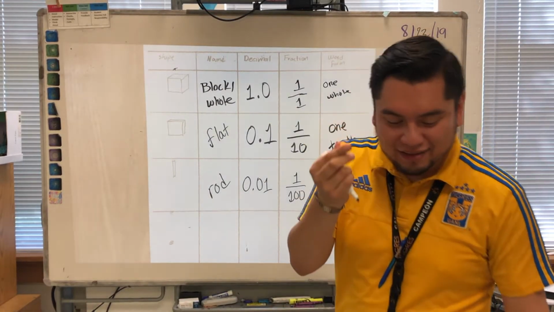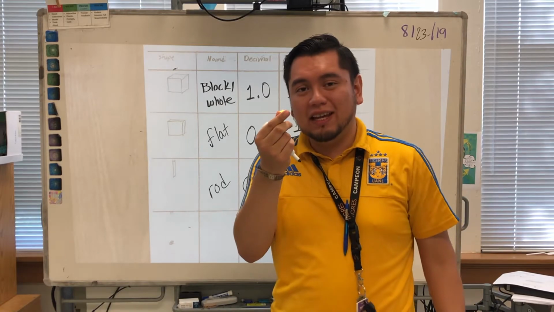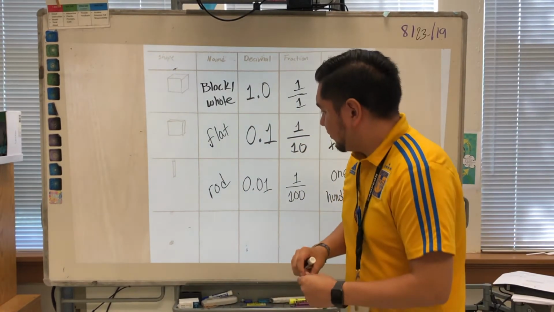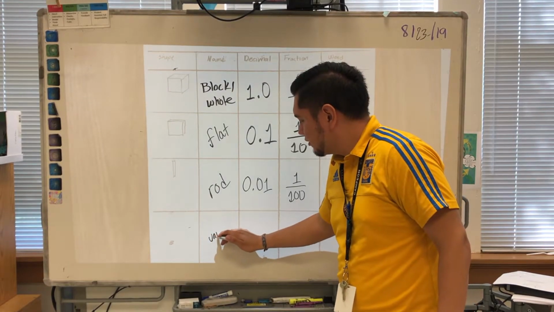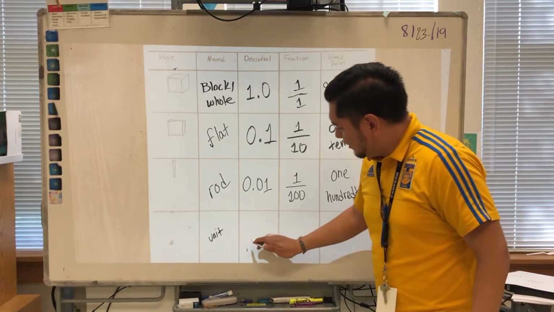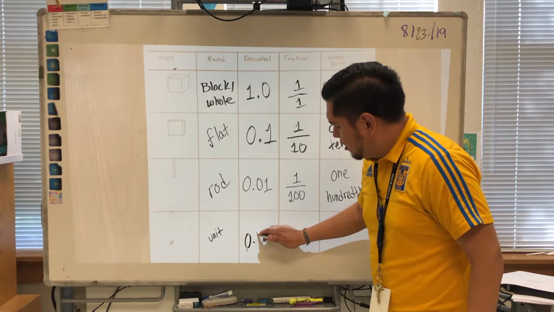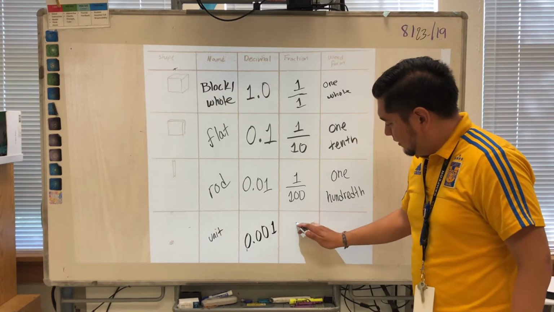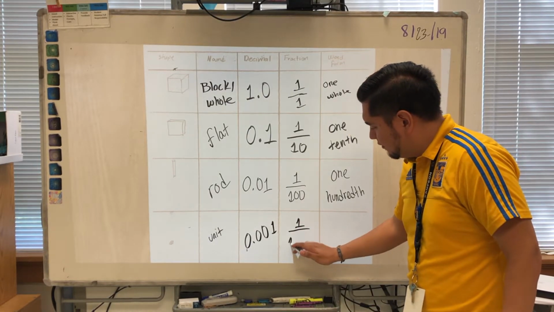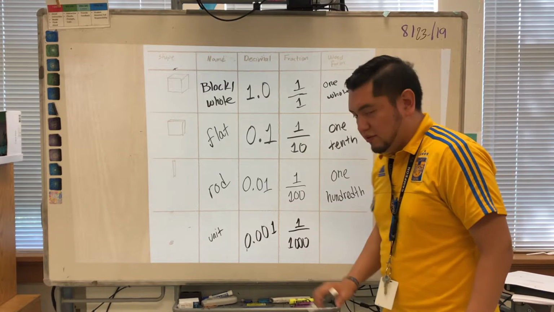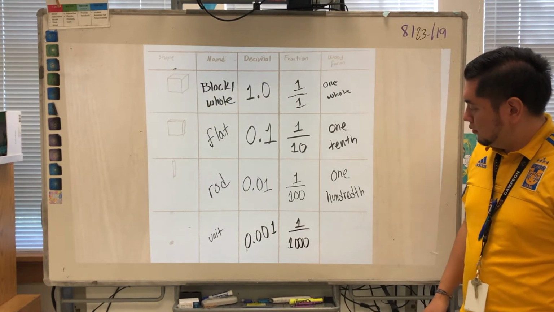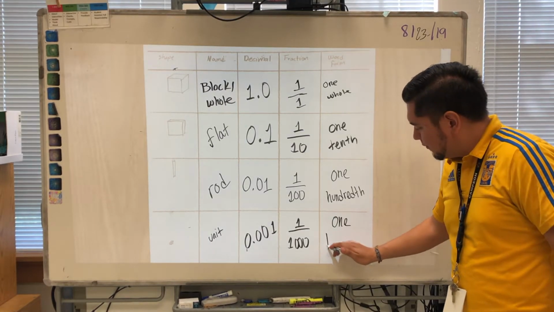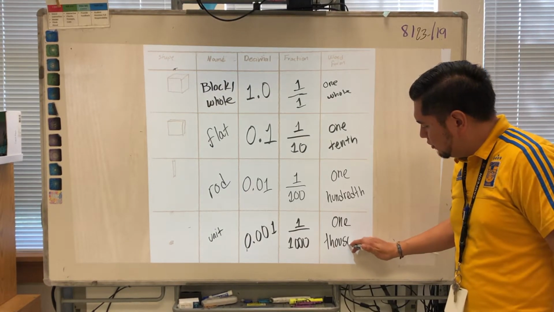Porque 1,000 of these make one of these. So, este es your unit. Va a ser 0.001. This is 1 out of 1,000.